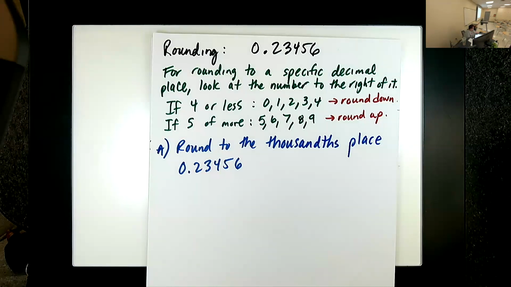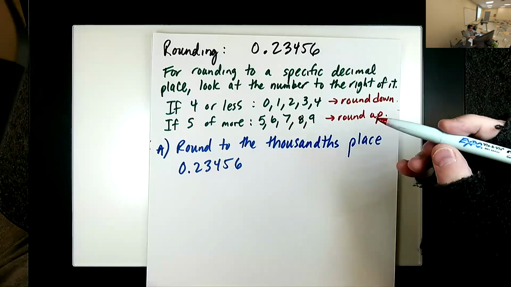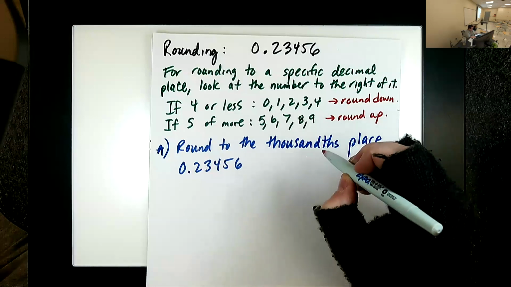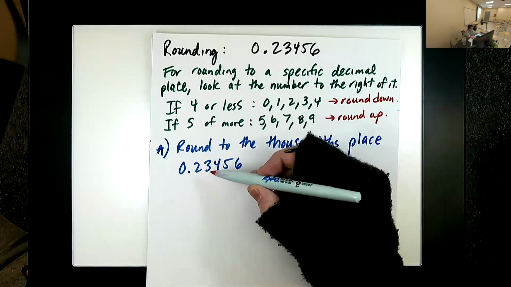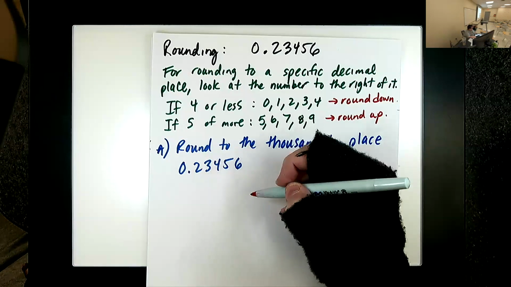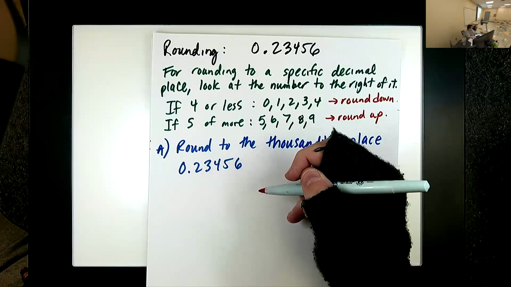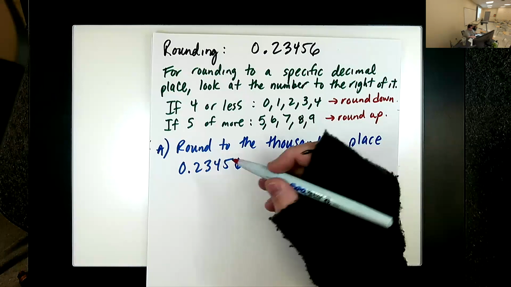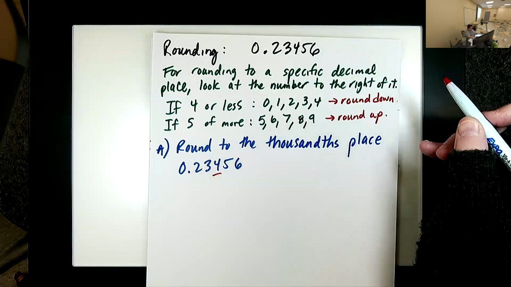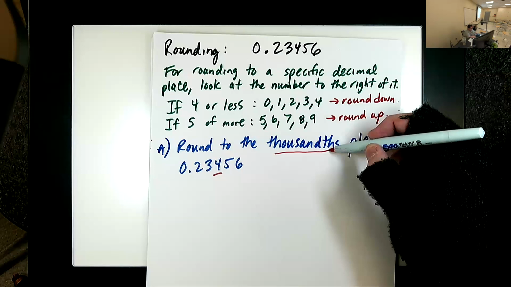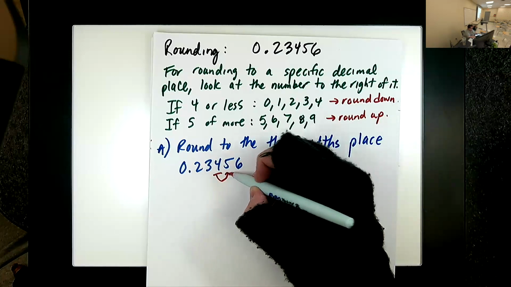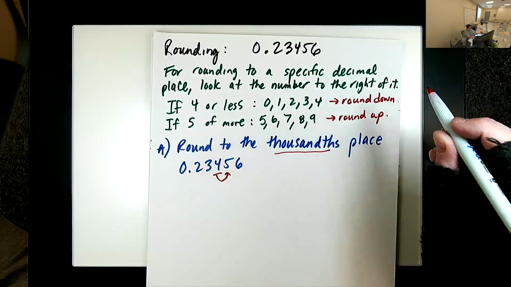You do not need to do this, but I think it's helpful. When you're rounding something, figure out which place it is. The 1000th place is which number here? It's the 4. So I'm going to underline the place that I'm looking at, and then I'm going to point an arrow to the number at the right so I know what I'm looking at.